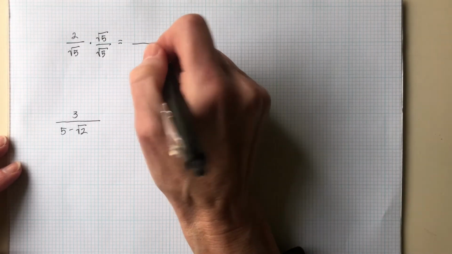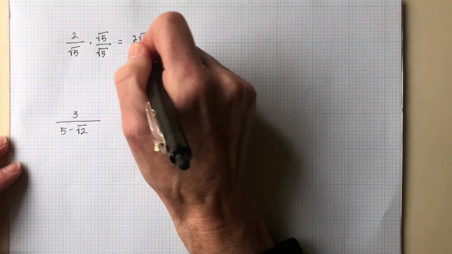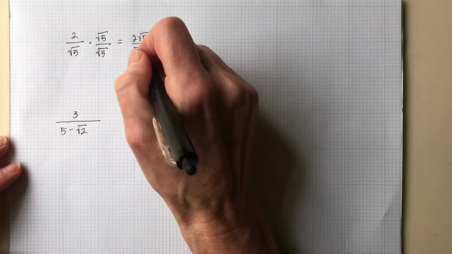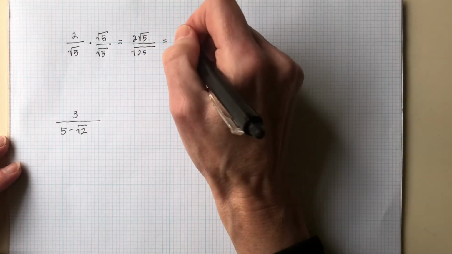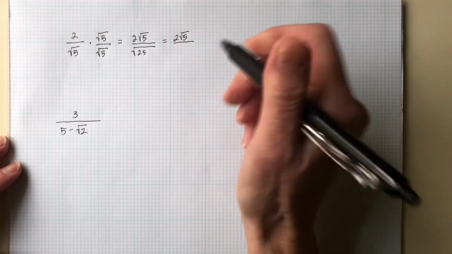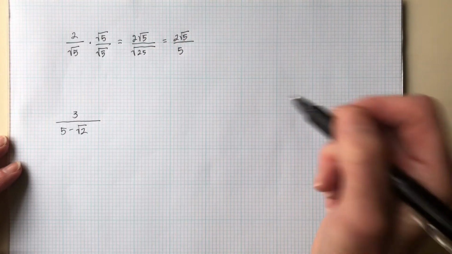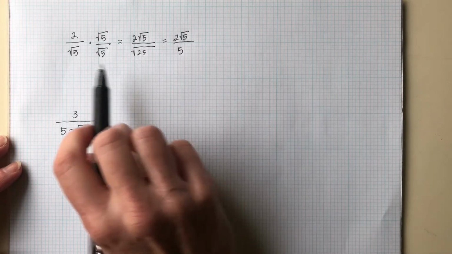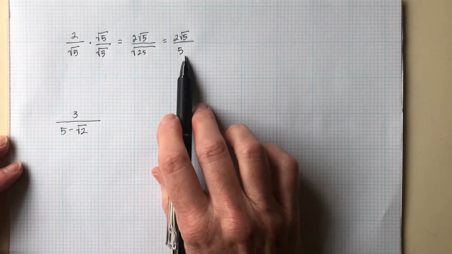So we multiply across and we get 2 square root of 5 over the square root of, well, 5 times 5, that's 25. And then we simplify. Our numerator stays the same, and the square root of 25 is, of course, 5. So we've taken care of that one. We got rid of the radical in the denominator, and now we have our rationalized form.